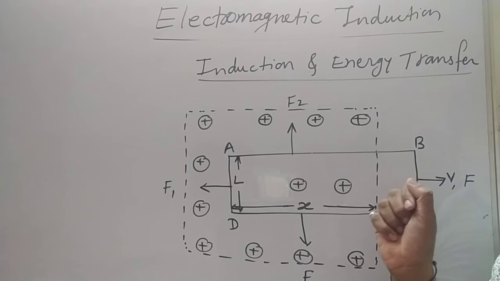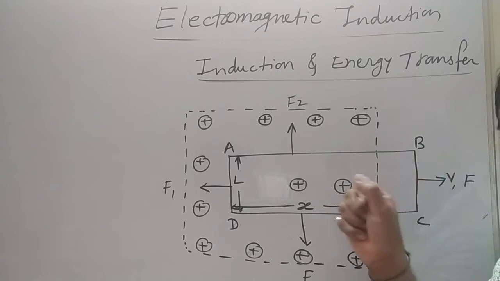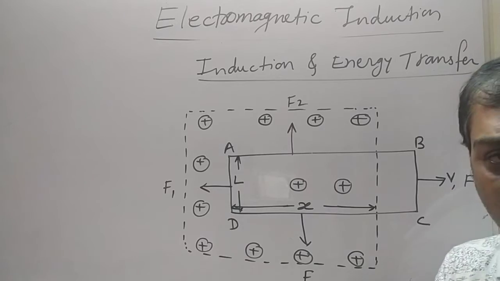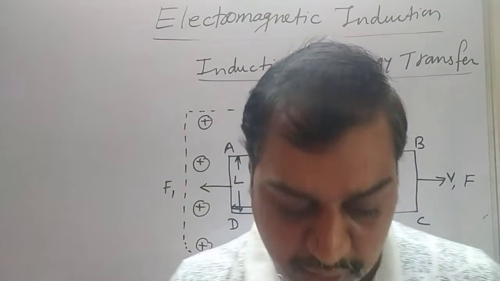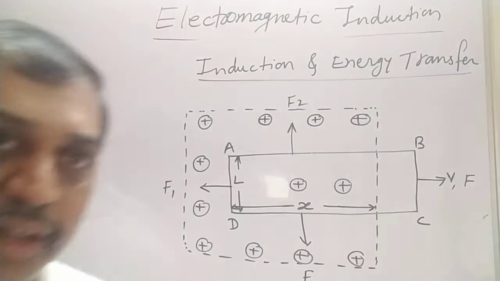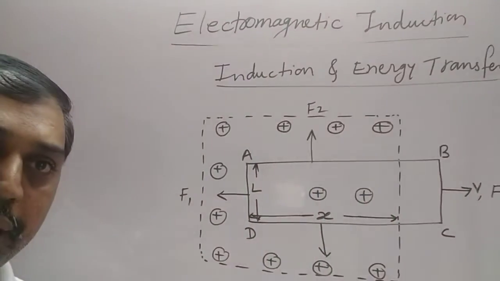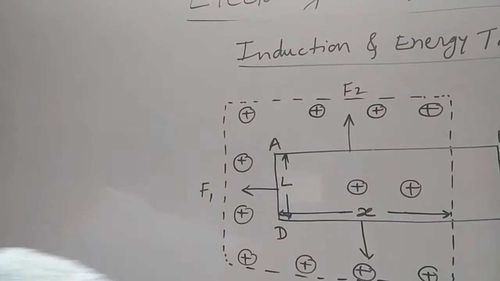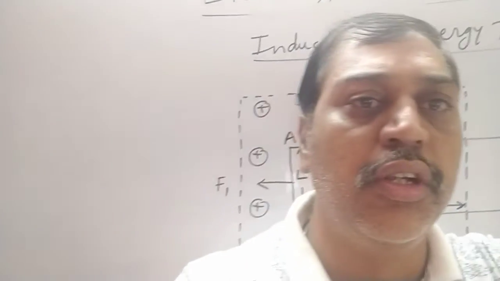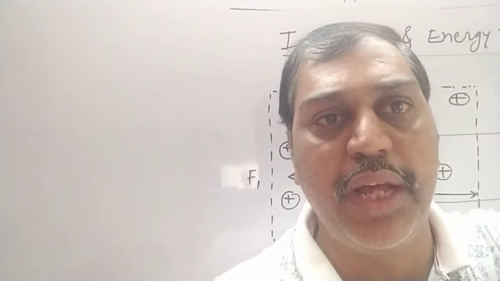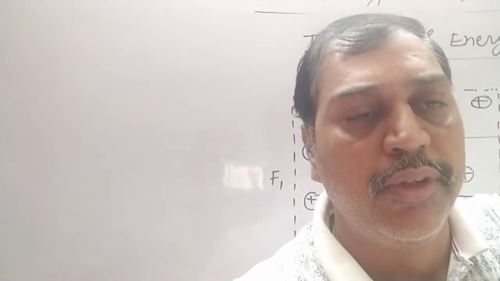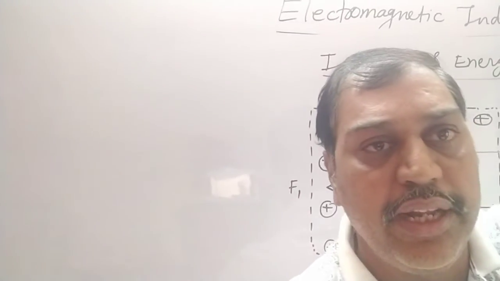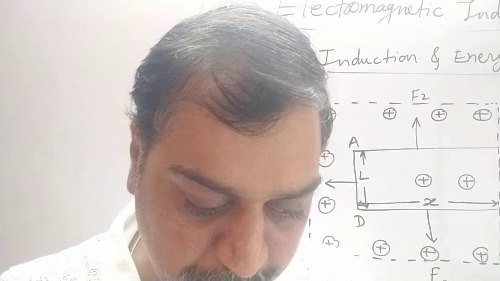We have to find the rate at which work is done on the coil, with time. I will switch the camera a little aside and write the remaining equations to this side. So the basic derivation starts now.